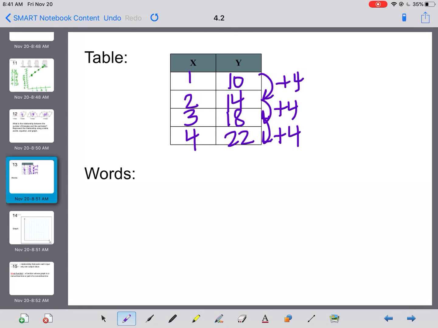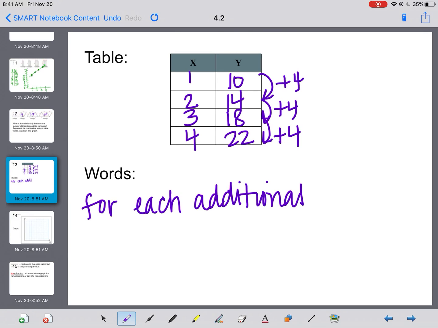Now before we write the words, we have to figure out what's happening. How is it changing each time that I add another triangle? It looks like our perimeter is growing by 4.